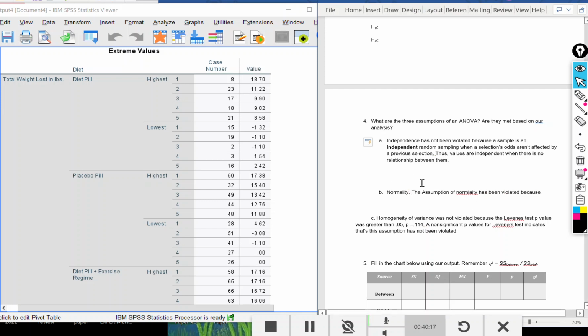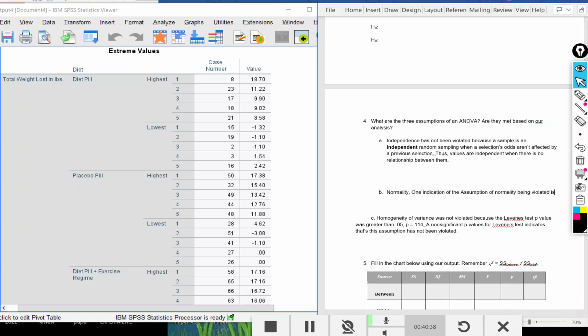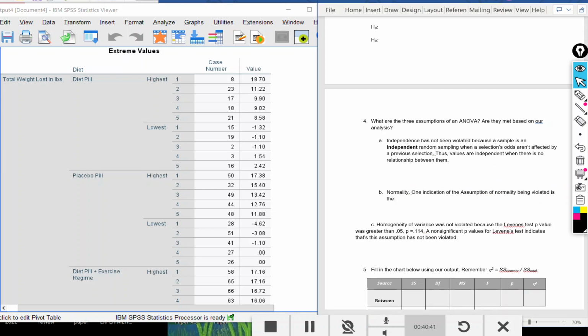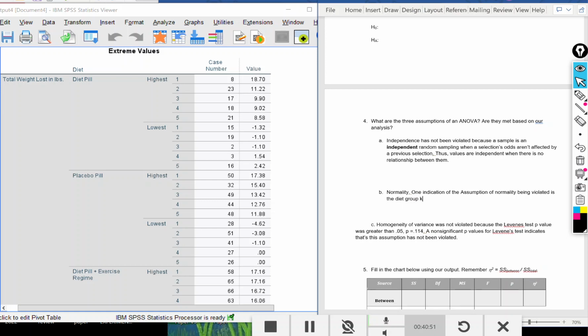Or one indication is the diet pill group's kurtosis exceeds the boundaries for an approximately normal distribution.